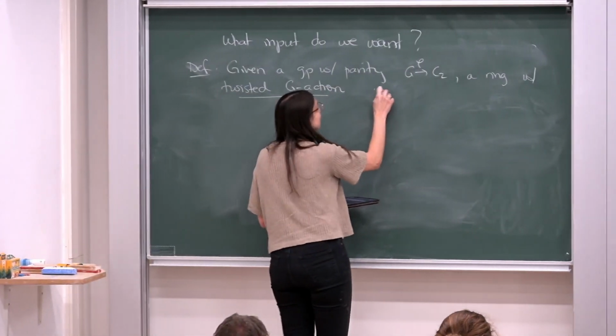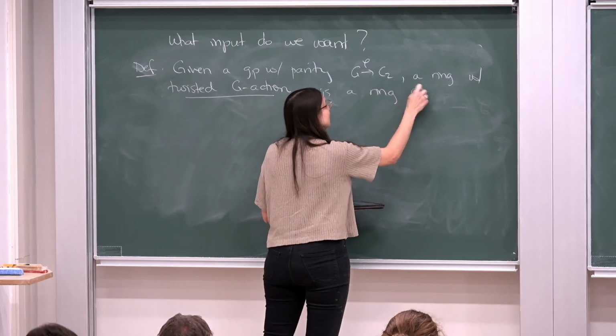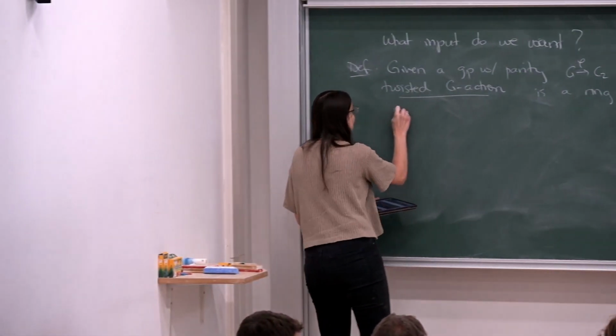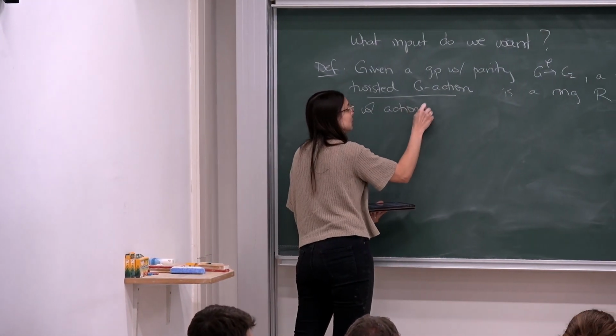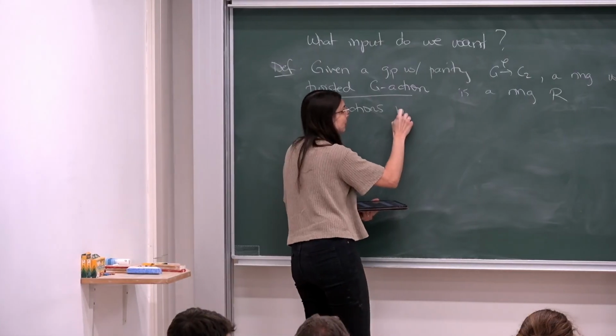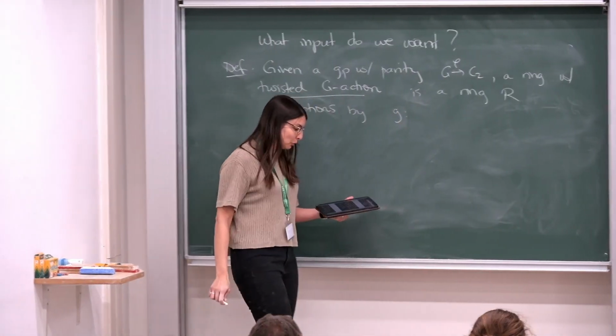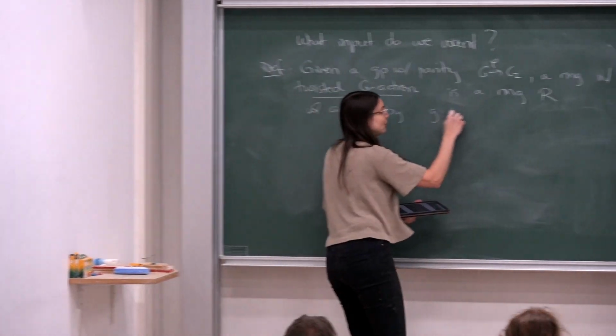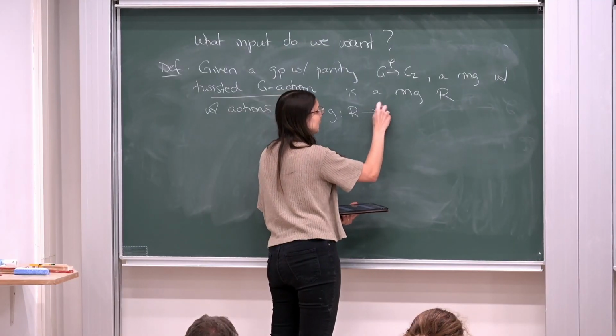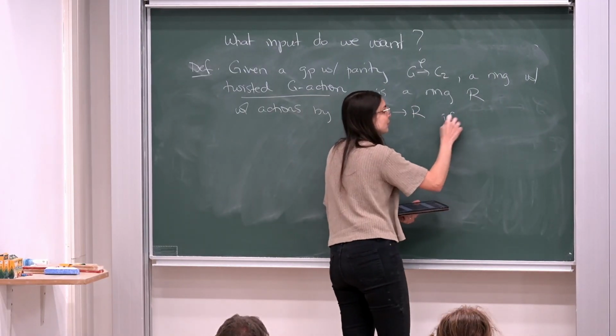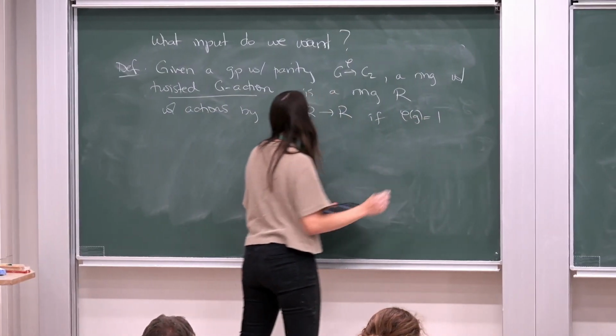is a ring R with actions. So G is going to act as a homomorphism if G has parity 1. So this is if phi of G is equal to 1.